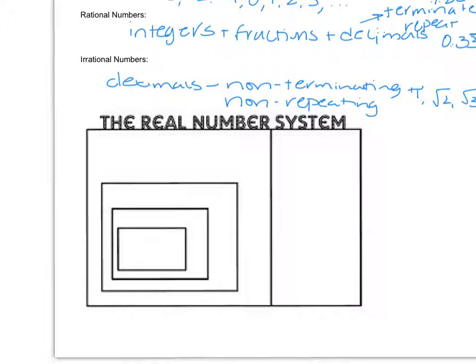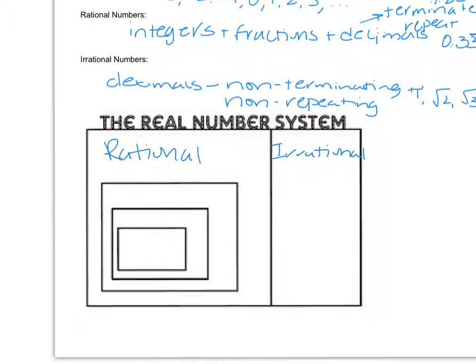Okay? Now the real number system all goes together. So we have all of these real numbers, then one set is inside of the others. So for example, you have here your real number system with rational numbers and irrational numbers.